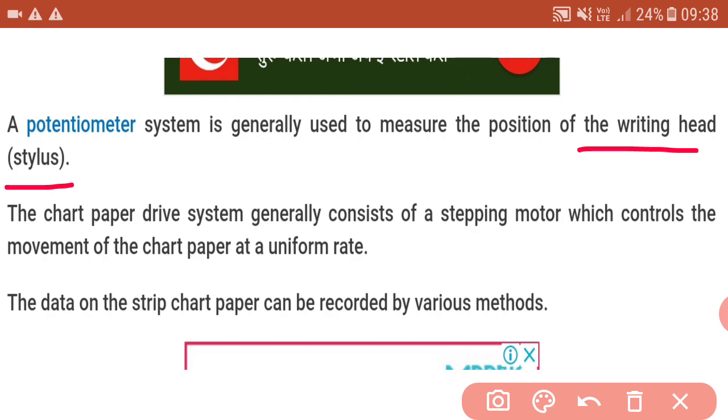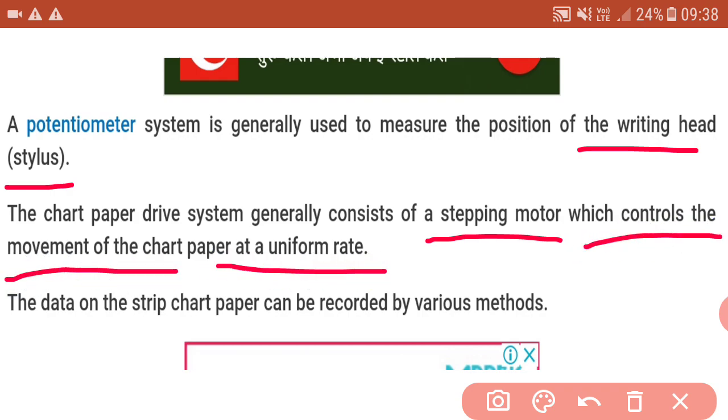So to measure the position of the stylus, we will use a potentiometer system. The chart paper drive system generally consists of a stepping motor which controls the movement of chart paper at a uniform rate. We know the working of a stepper motor. We can precisely set the speed of the stepper motor, and the chart paper will run at a uniform rate.